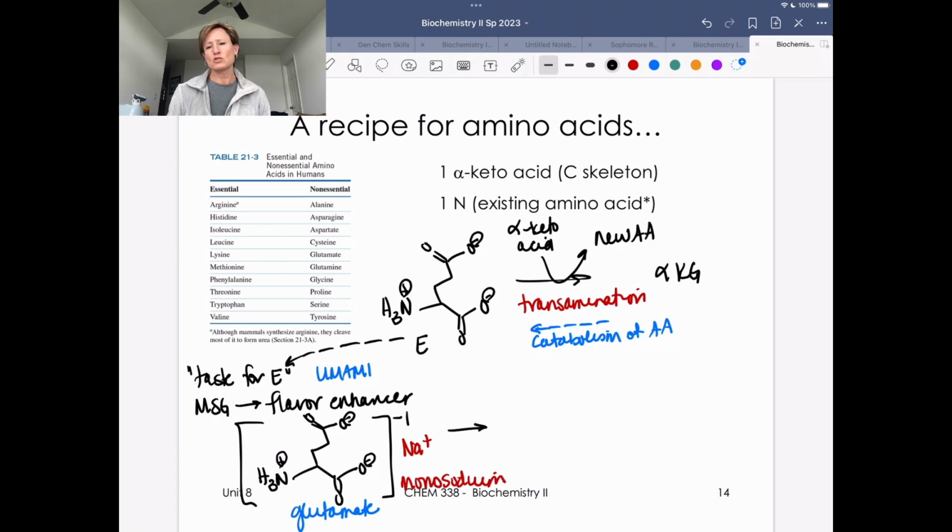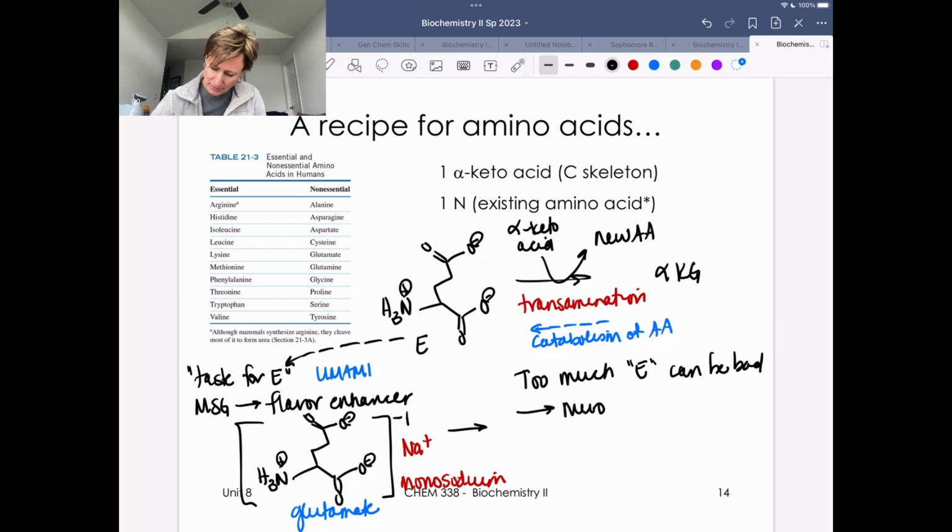So paired with this story is the thought of, well, what if you consume too much glutamate? There are people who are sensitive to MSG who will have certain physiological responses if they've consumed foods that have a large amount of MSG. So the key here is that too much MSG or too much E can be bad. And here's the biochemistry for trying to understand why. Glutamic acid is something that's used to make neurotransmitters.